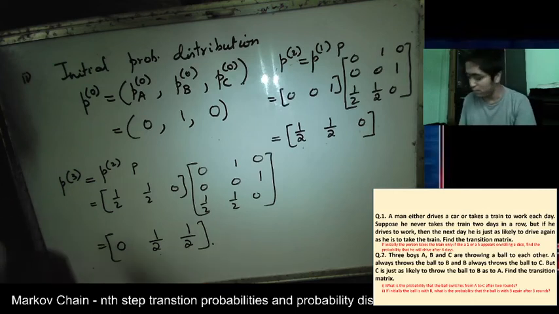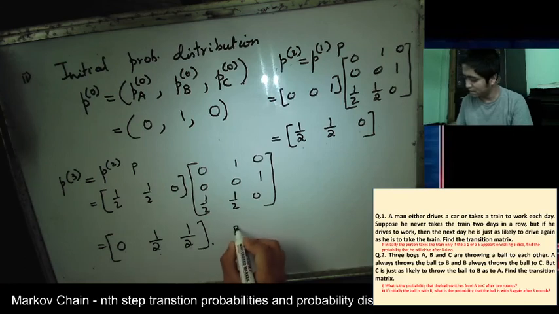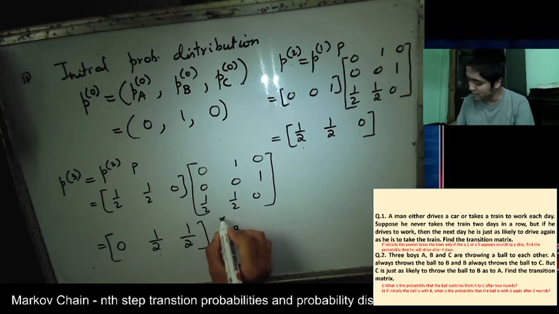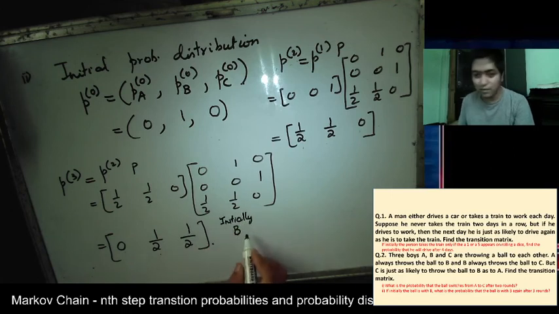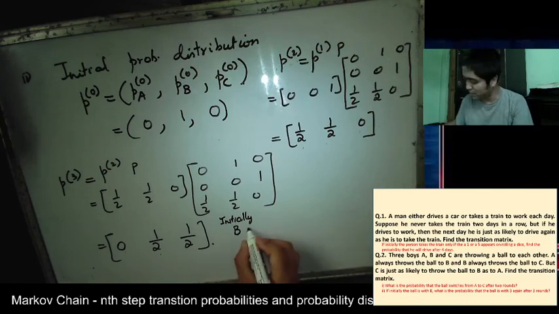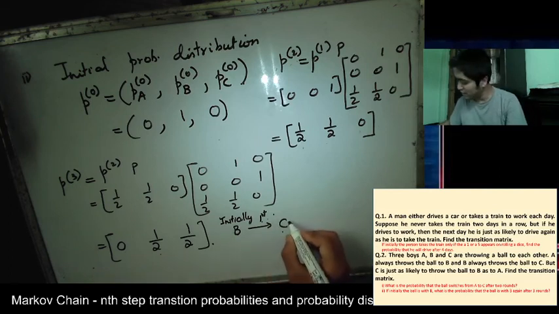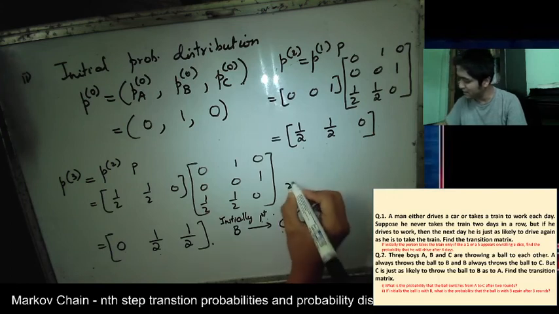Again, we can actually do this. Initially, the ball is with B. B always throws the ball to C. So after one round, it will be with C. C will either throw to A or throw to B. So this is the second round.